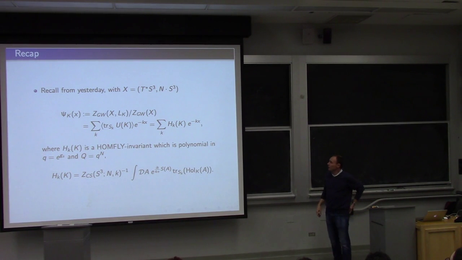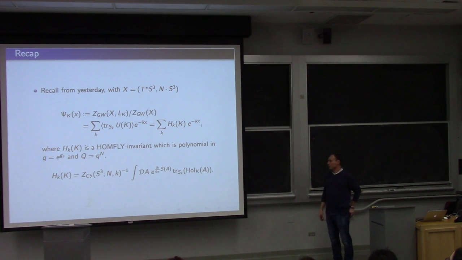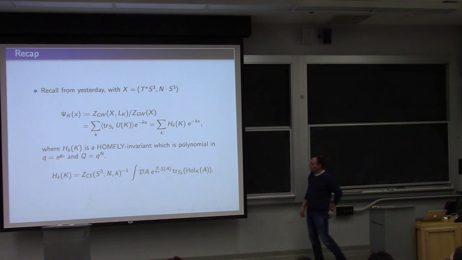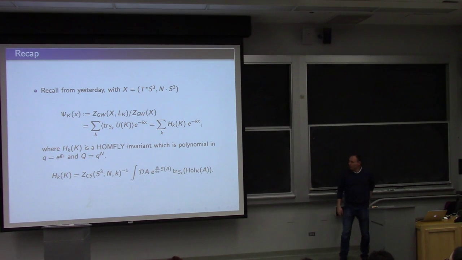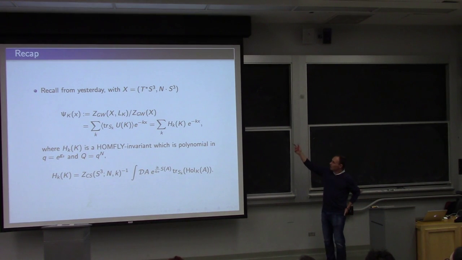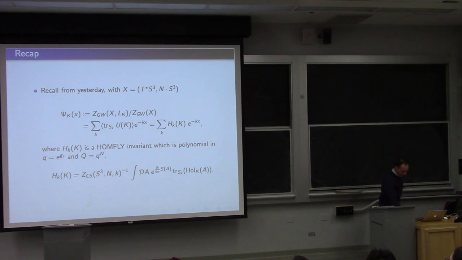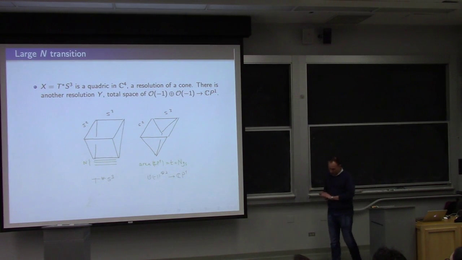And then the outcome was that the count can be expressed as the Calabi-Humphreys invariant, where the Calabi-Humphreys is given by insertion in the Chern-Simons path integral. Now what we are going to keep in mind is basically these curve counts, not so much Chern-Simons. And we are going to look at it from the point of view of this large N transition.